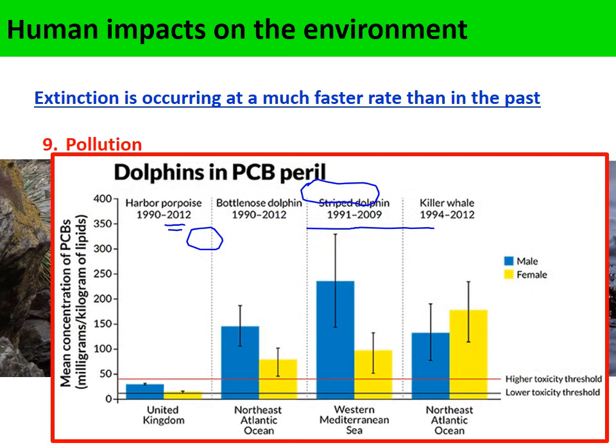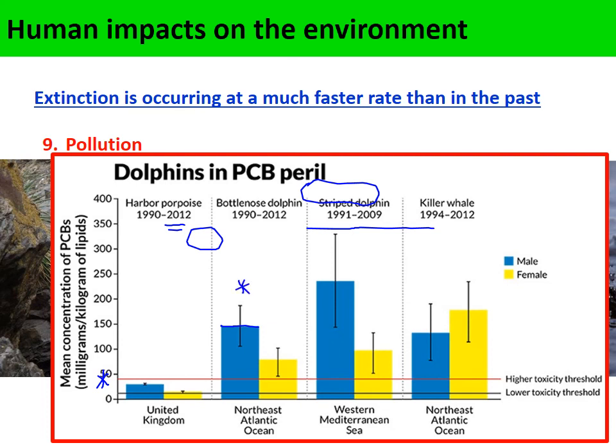Now, this graph shows the mean concentration of PCBs, these industrial waste products, in the tissues of different dolphins. The higher toxicity threshold is the line in red. So we can see in the Northeast Atlantic Ocean, the levels of PCBs in the tissues of the bottlenose dolphin have already exceeded the higher toxicity threshold for both male and female bottlenose dolphins.